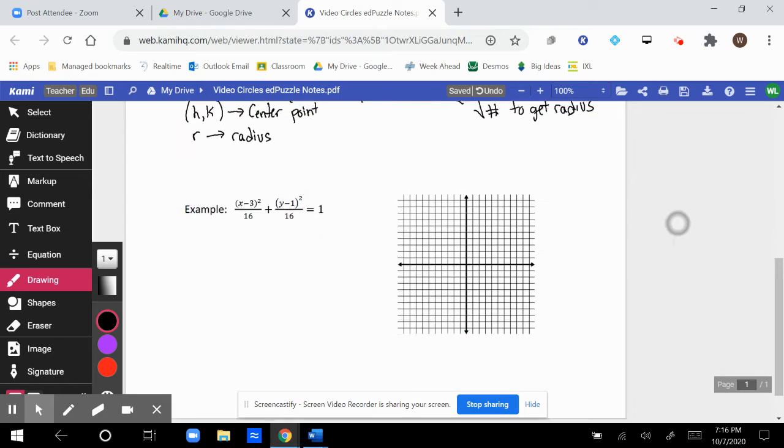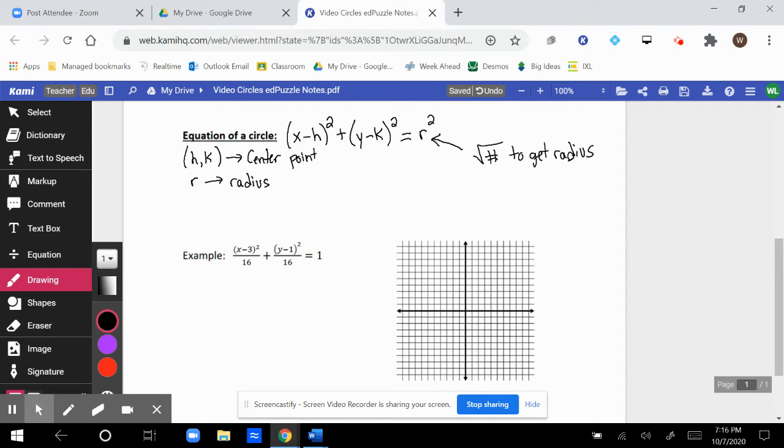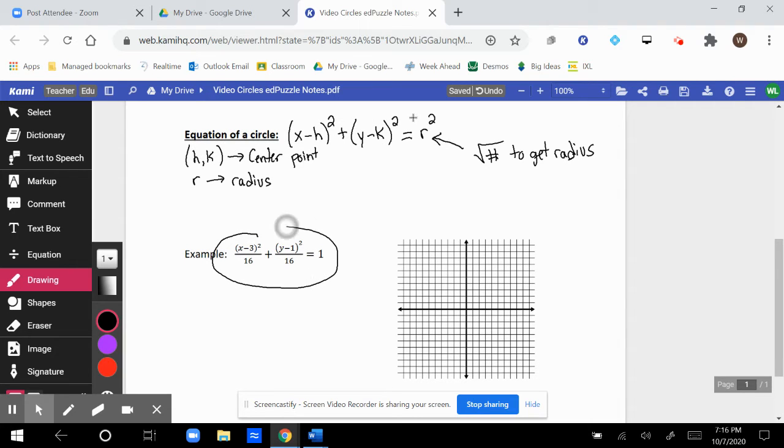All right, so now let's look at an example. All right, so this equation here should look like a conic section that we've dealt with. I just made one around the equation. It should look like an ellipse, right? That's the ellipse equation, not a circle equation. Okay, so this here is in ellipse form, meaning we need to make it standard form for a circle.